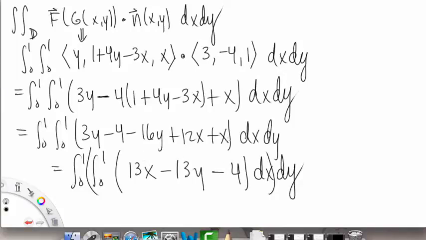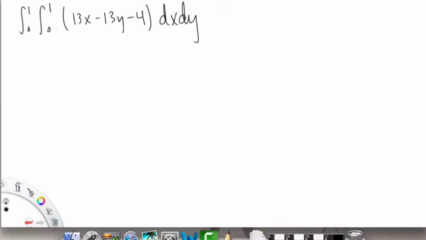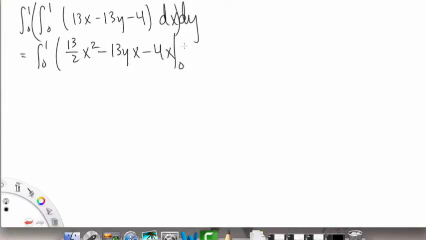I'll continue this on the next slide. I'll rewrite it here. What we left off with was 13x minus 13y minus 4, dx dy. From here we calculate the inner integral with respect to x. That's 13 over 2 x squared minus 13y times x minus 4x, as x goes from 0 to 1, and then our dy.